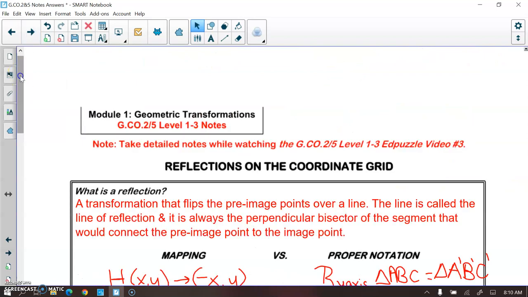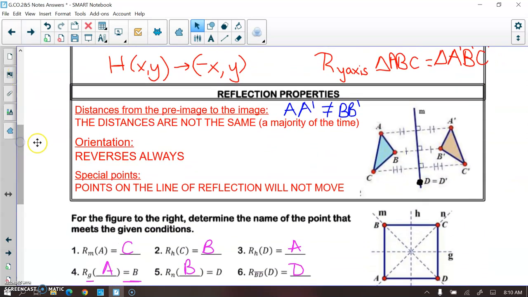Looking at reflection properties. The distances from the pre-image points to the image points are not the same. So what that means is that A to A prime is not equal to B to B prime. However, the line of reflection is the perpendicular bisector between the pre-image and image points.